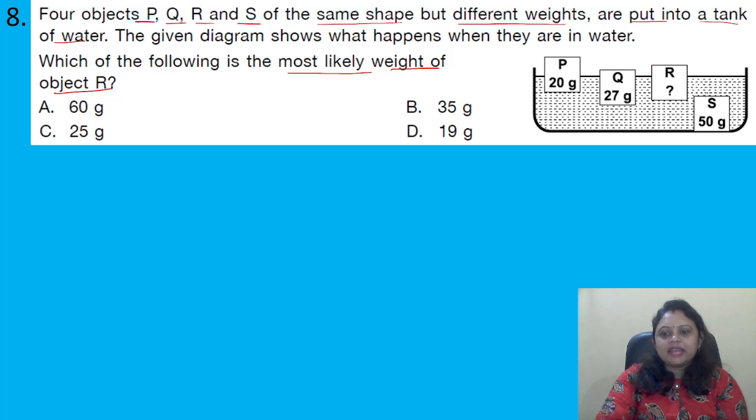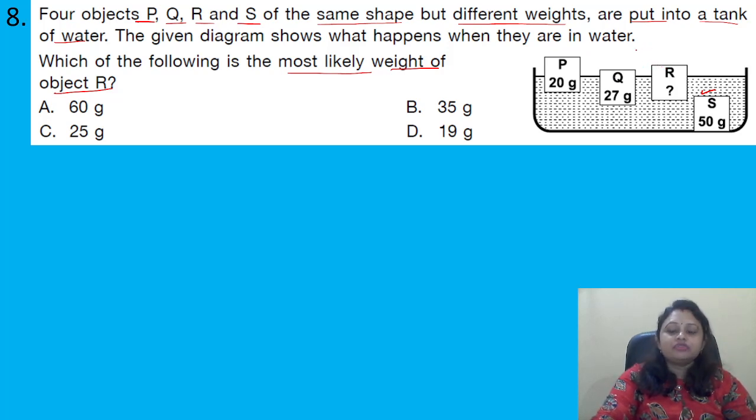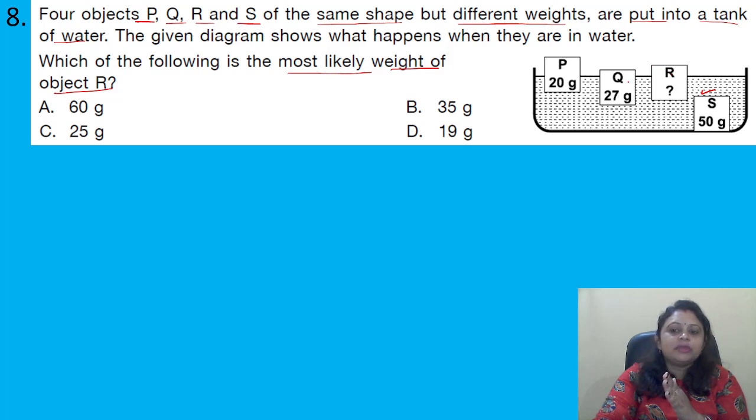We can see S is at the bottom, P is floating more compared to R, and R is floating more compared to Q. So as R's height is between P and Q, the mass of R should be less than Q, because it is floating more than Q. So the mass of R should be between P and Q, between 20 and 27, more than 20 and less than 27.